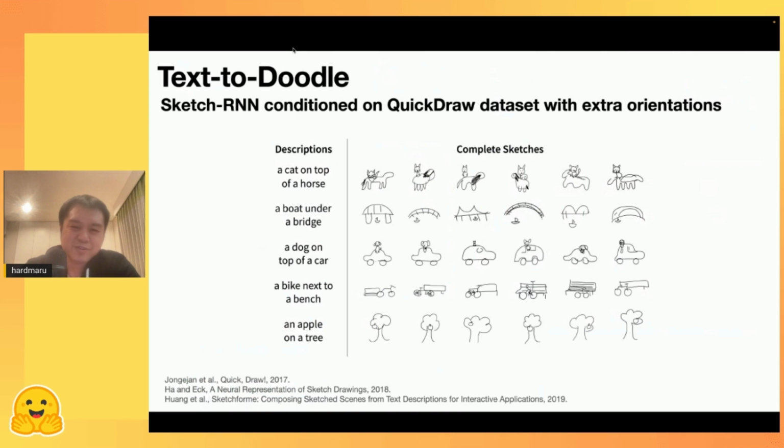And what was really interesting back then was that even in 2018, 2019, there was a student at Berkeley, Forrest Huang, who actually looked at the Quick Draw dataset and Sketch RNN and used the concepts of prompts and put them into embeddings. And he had a paper that took a short text description and tried to create a doodle based on that description.